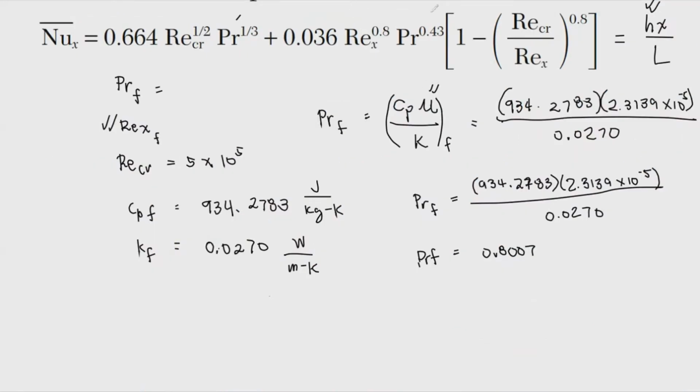Well, anyway, let's proceed with the substitution. So the Nusselt number, the average along the streamline, would be equal to 0.664. Let me just rewrite this in the critical.